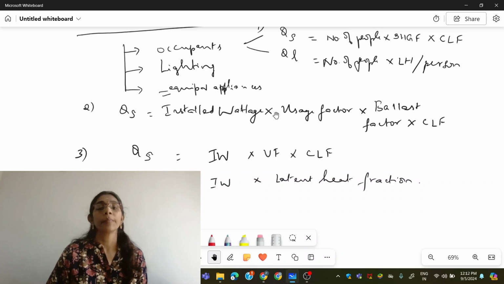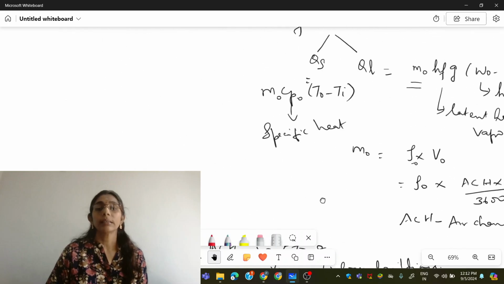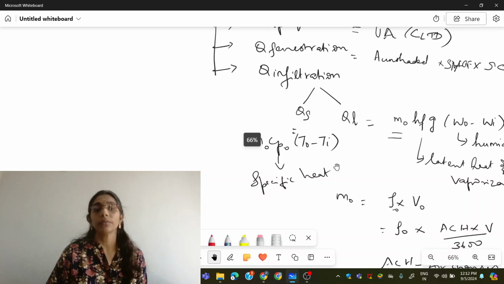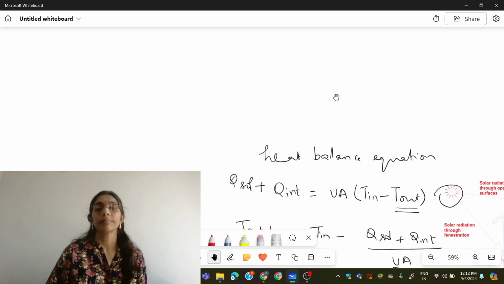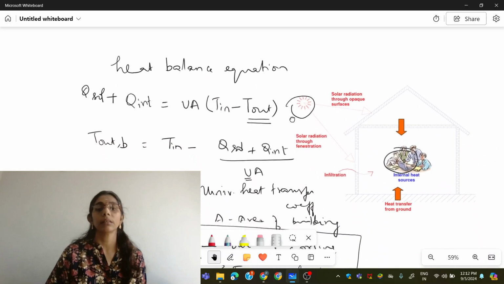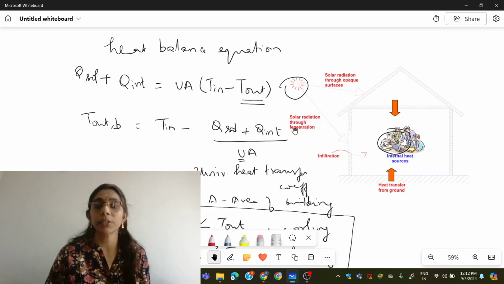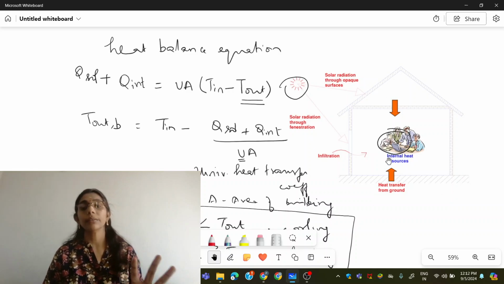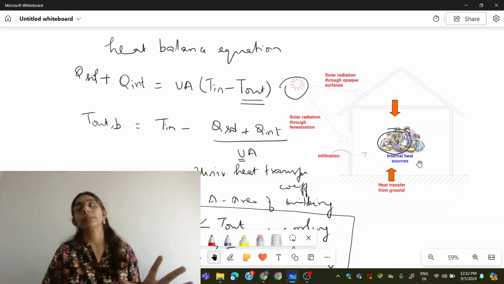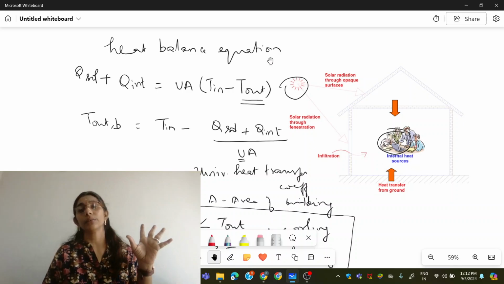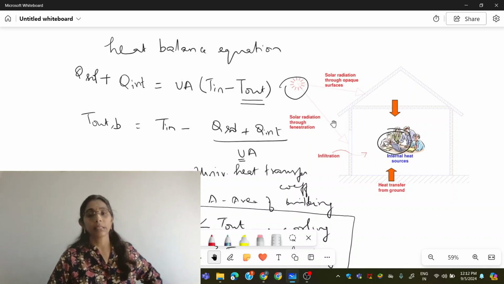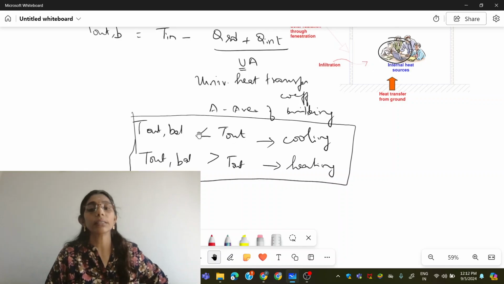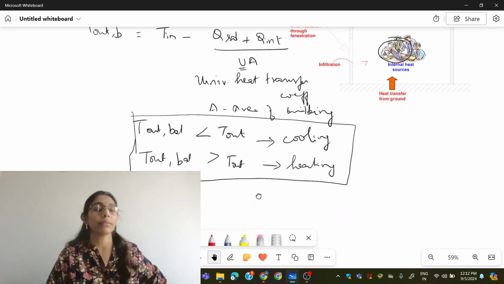Is that clear? So a short summary or a quick revision of what we have discussed in today's lecture. We started with a picture of this building. In this building, we could see that there are occupants, as well as the solar heat radiation. So there is a solar heat source as well as the internal heat source, and at what condition we need heating or cooling, that we have seen.